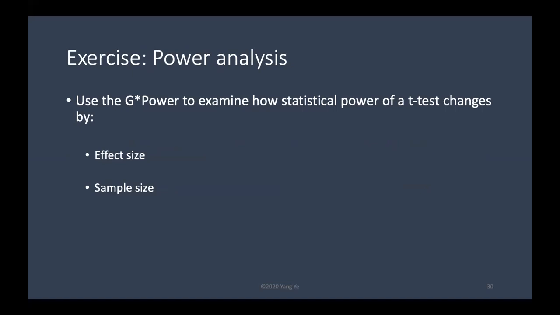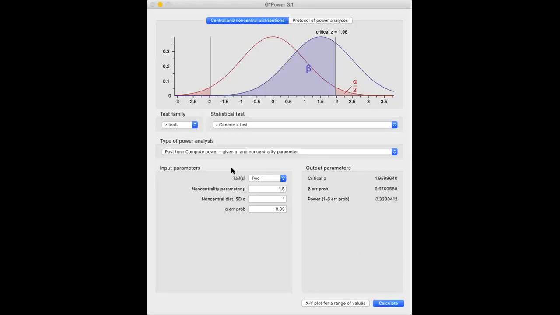So let's go to G power and take a look at how it can help us do that. Okay, so now I have G power on the screen. You can see it's a very dense, very technical program, but it is quite cool.